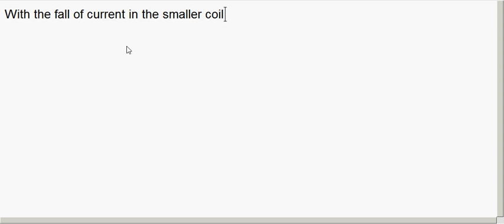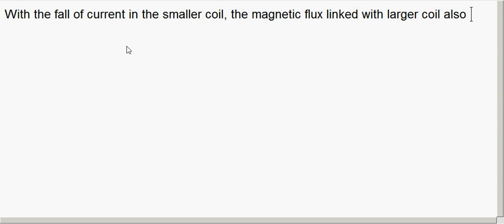Because we know the change of current causes change in flux, and when there is a change in flux, an EMF gets induced in the coil.